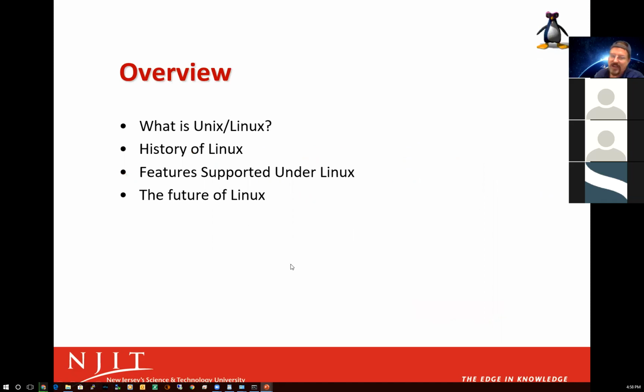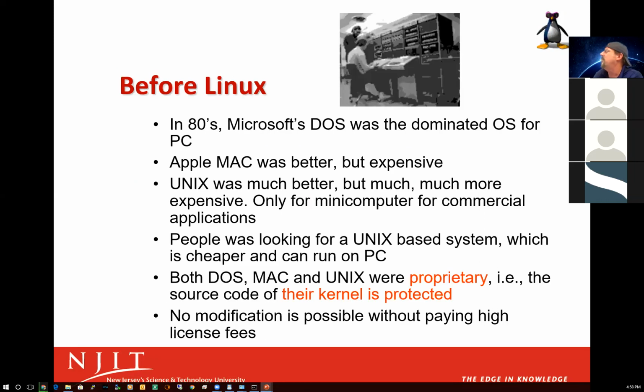What is Unix/Linux? Before Linux, there was this thing called Unix, which is a multi-user operating system, mostly text-based, but it did have a GUI version. Back in the 80s, was anybody alive here in the 80s? Before Linux, Microsoft DOS, disk operating system, was the dominating OS for PCs, not for mainframes, but for PCs.